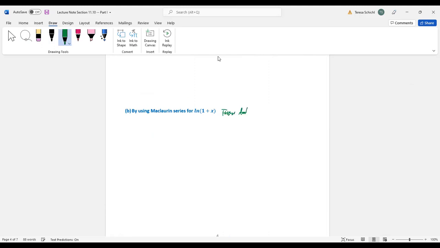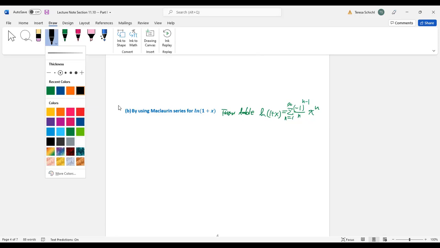From the table, I know the natural log of 1 plus x is equal to the summation from n equals 1 to infinity of negative 1 to the n minus 1 times x to the n, right? So this is from the existing Maclaurin series. If you want to derive it, it should be pretty easy.